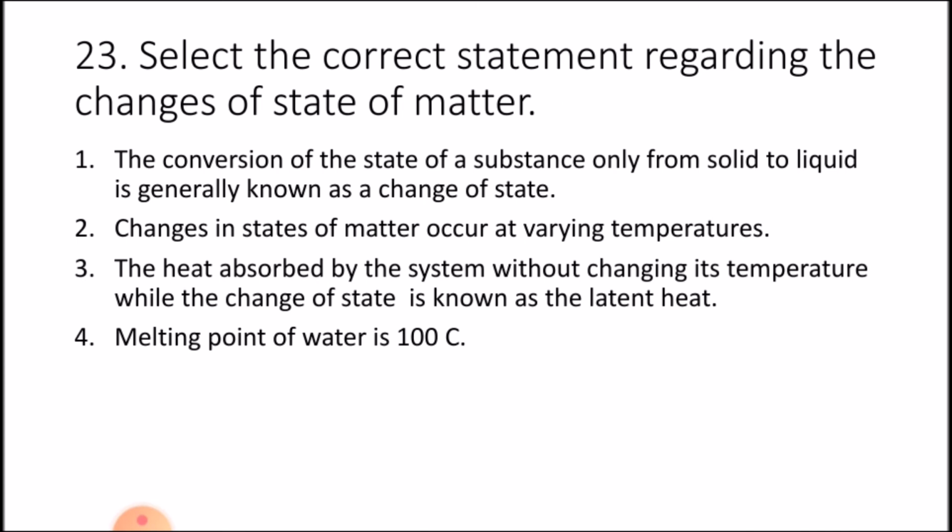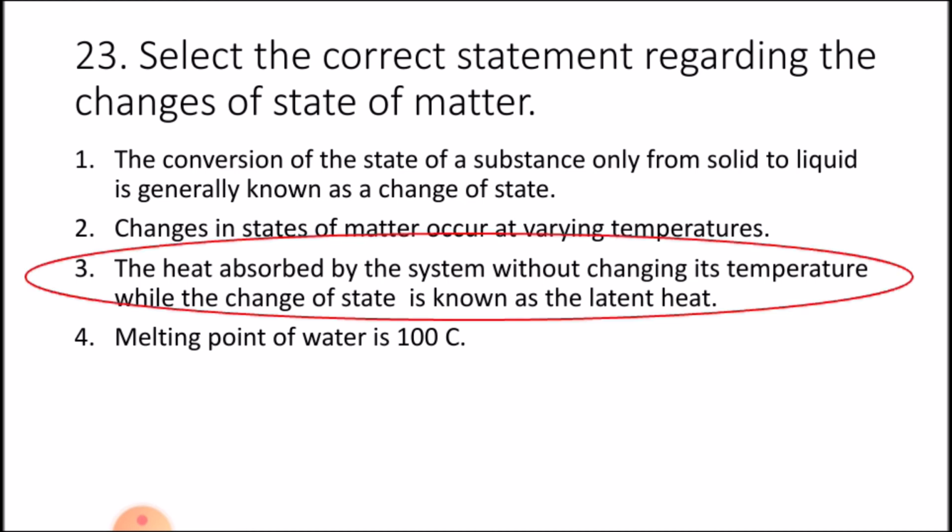Second, these physical changes occur at uniform temperatures, so temperature is not varying during these changes. The second one is also incorrect, but the third one is actually correct, and therefore the answer is the third one. For the fourth one, the melting point of water is 0, not 100. That is the boiling point.